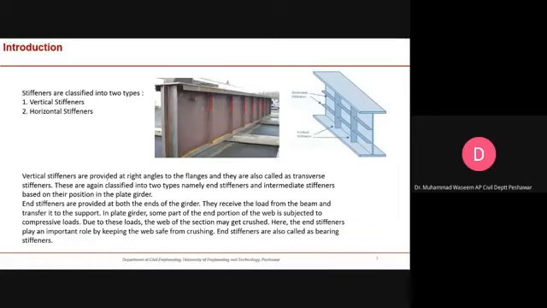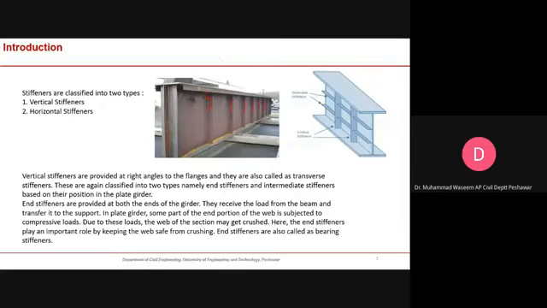Vertical stiffeners are provided at right angles to the flange, okay, and they are also called transverse stiffeners. They are again classified into two types, namely end stiffeners and intermediate stiffeners.